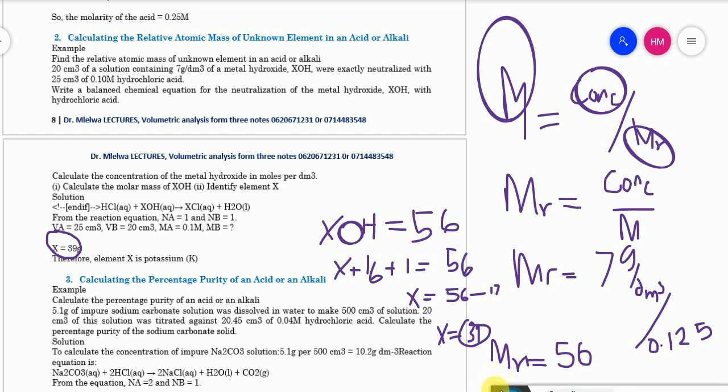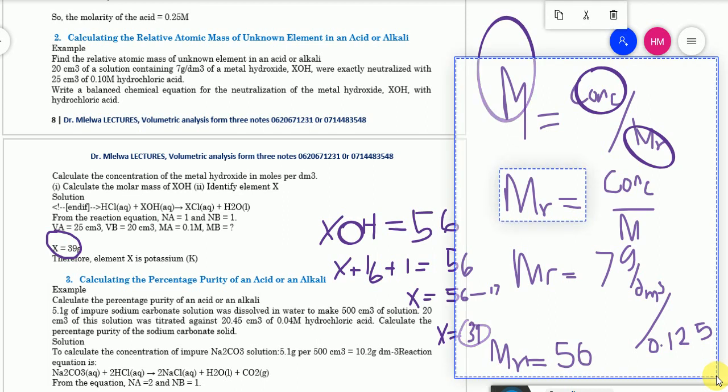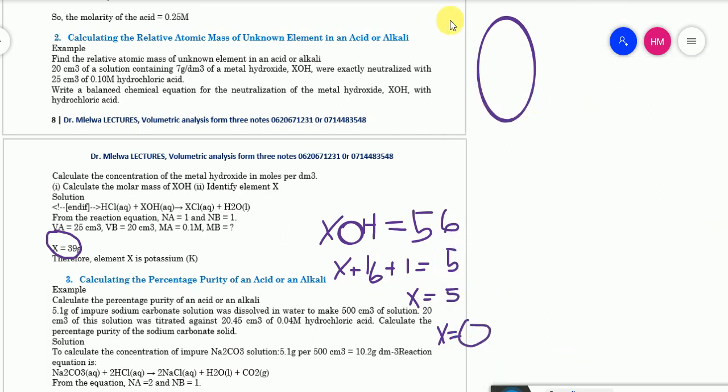I will demonstrate this well in the next session. So you will see it in a paper and it will be very well explained. So don't miss to see the next session. I will demonstrate this calculation in the paper and you will see it very well. Nimeanza na hapa kwenye notes ili uone kwamba how the question appears.